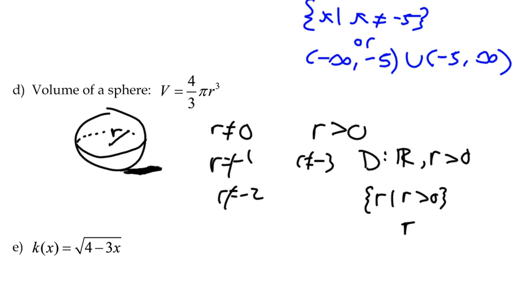The domain is all values of r except all negative values and 0, because it's not possible to have a radius like that.